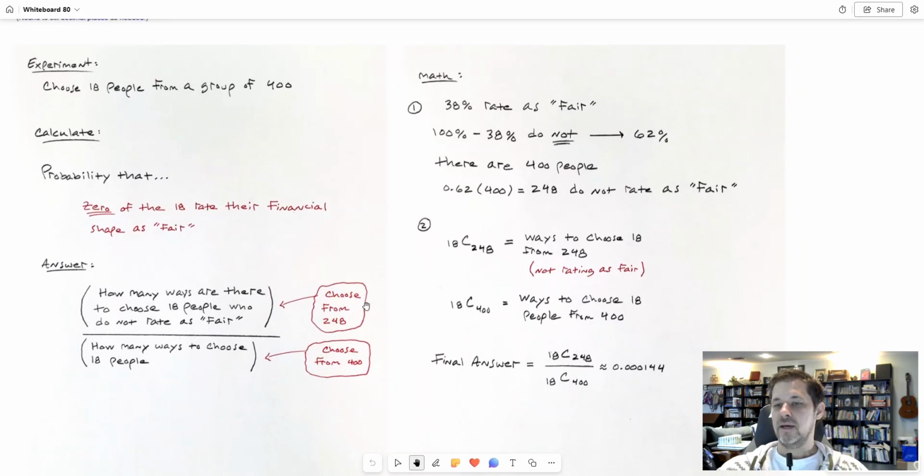Now, this definition right here is just like how we would calculate any other probability. If I was going to ask what's the probability of rolling a 1 on a 6-sided die, I'd say, well, how many ways are there to roll a 1? Divide that by the total number of possibilities.